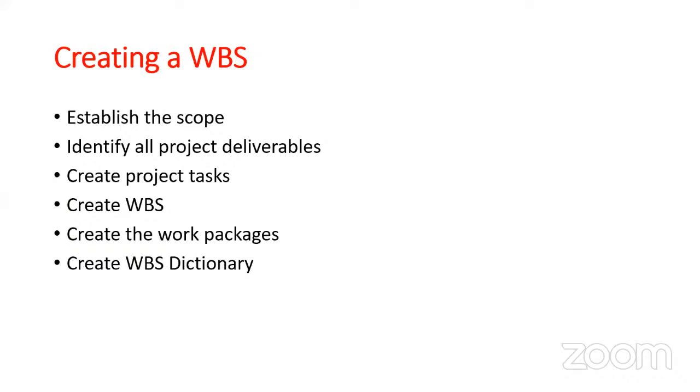Your WBS dictionary is something like an appendix that gives detailed information of some of the things you used in designing your WBS. So if you assign symbols, acronyms, figures that you used in your WBS and you want to give explanations to them, you could use the WBS dictionary to do that. Okay.